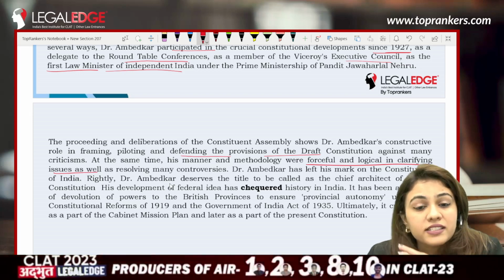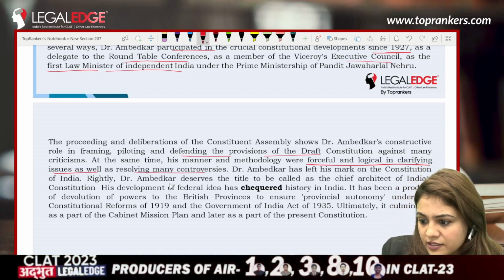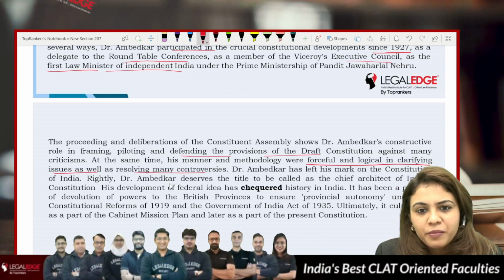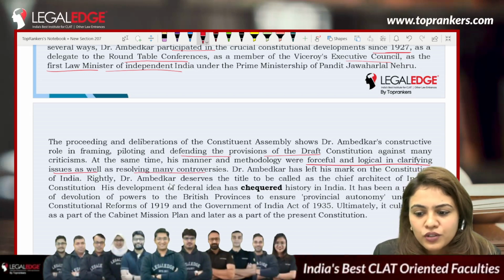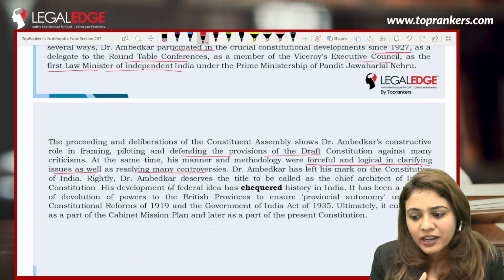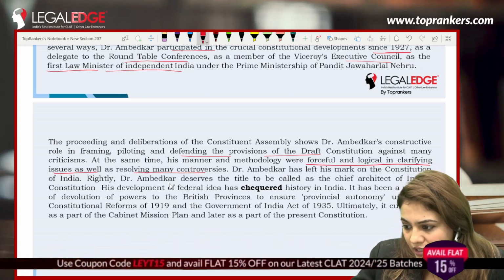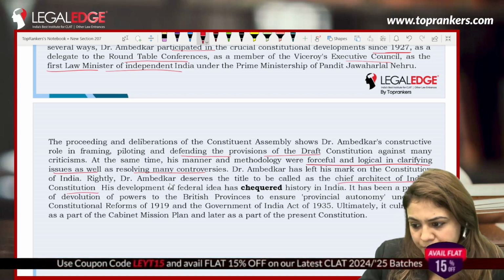So he resolved several controversies, as you can easily see. तो हमें अच्छे से पता है कि डॉक्टर B.R. Ambedkar left an indelible mark on the Constitution of India, and that's why it's very rightly said that he is the chief architect of India's Constitution.